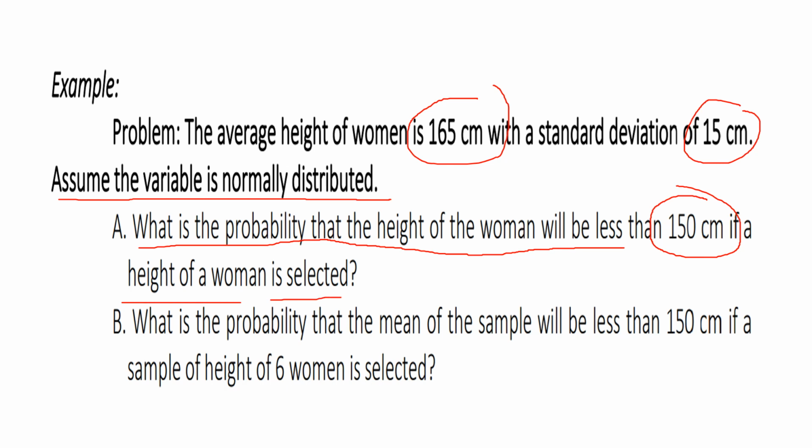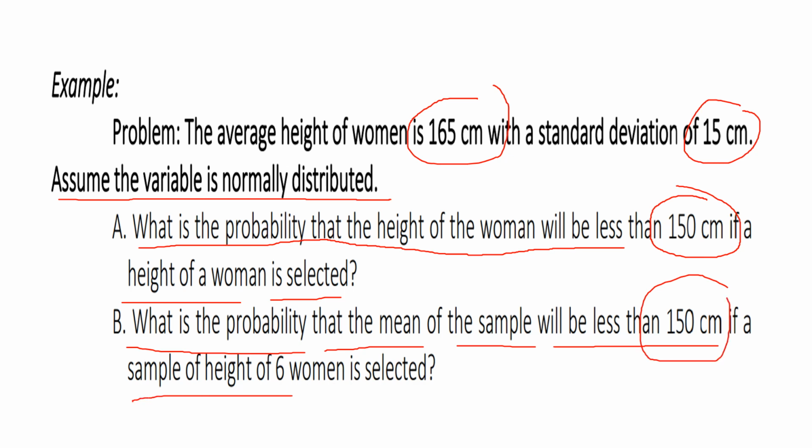For letter B, what is the probability that the mean of the sample will be less than 150 cm if the sample heights of 6 women are selected?